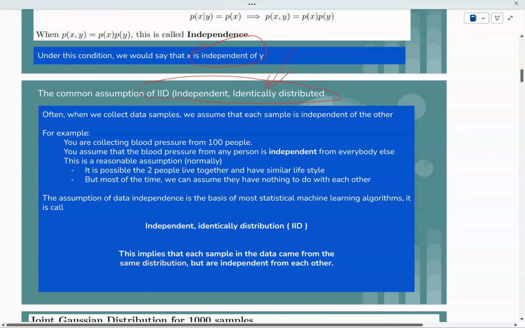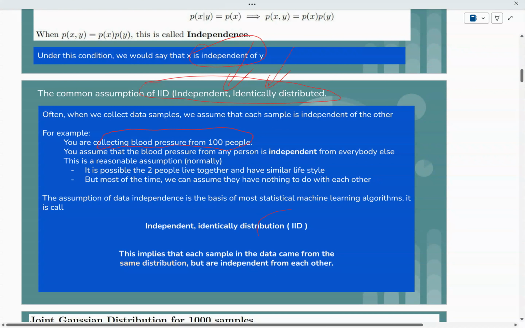It means we collect maybe 10 samples, each sample came from the same distribution. And that each person is independent. Like if you're collecting blood pressure from 100 people, then you want to be able to assume that person 1 and person 45 have nothing to do with each other. Like the blood pressure of person 1 should not influence the blood pressure of person 45, for example.